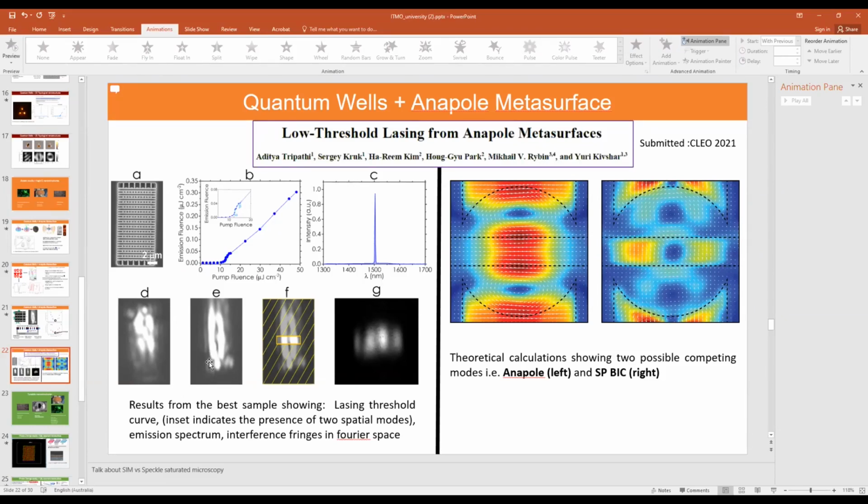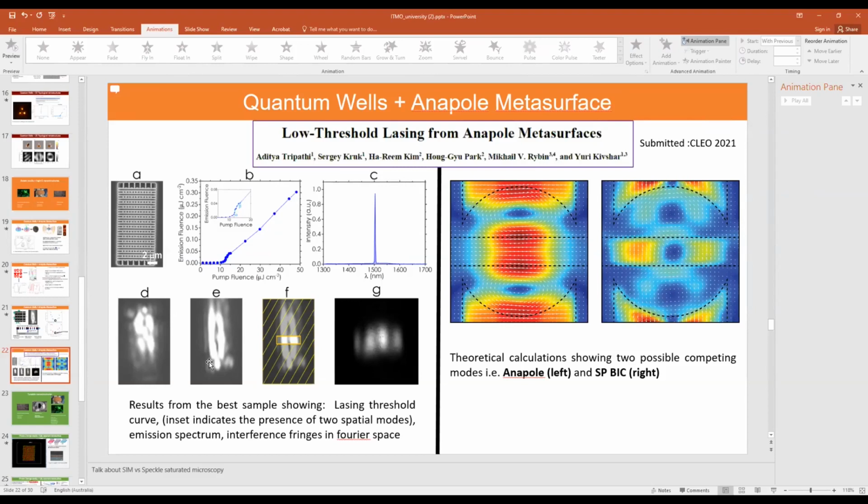In this case, do you believe that you really deal with this high Q state, the Anapole state, or do we start to deal with one of these modes, and maybe we have something different from a true Anapole mode?